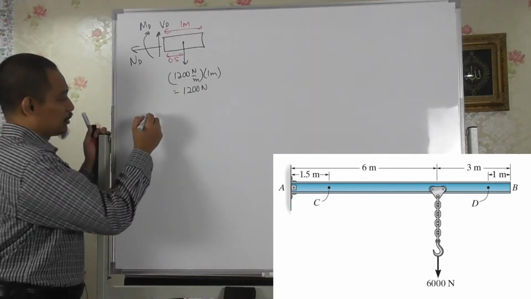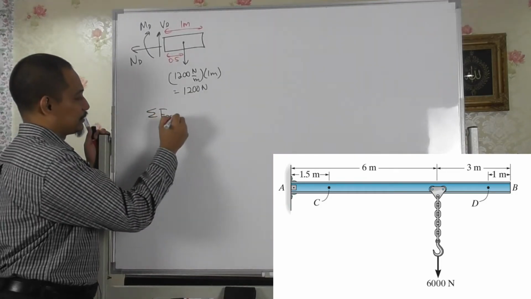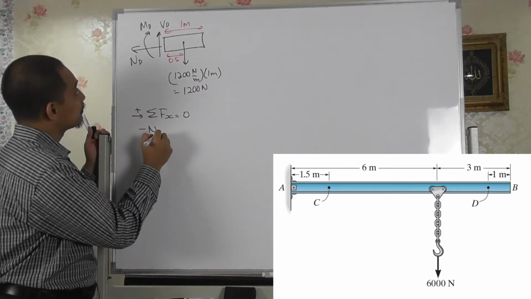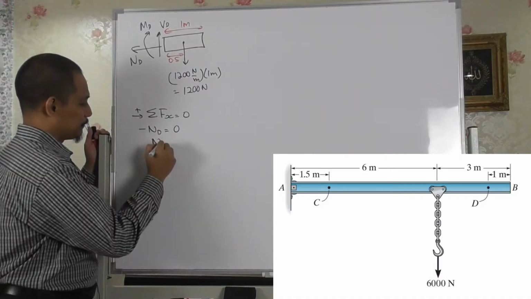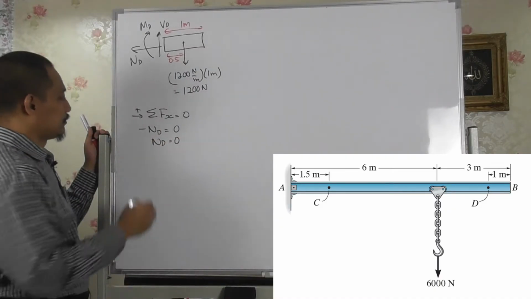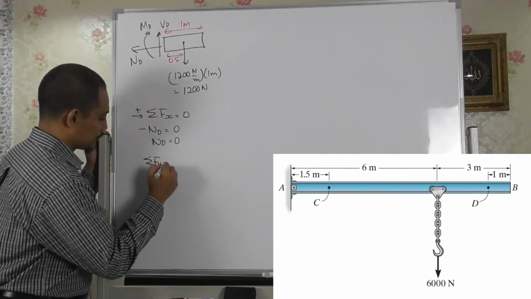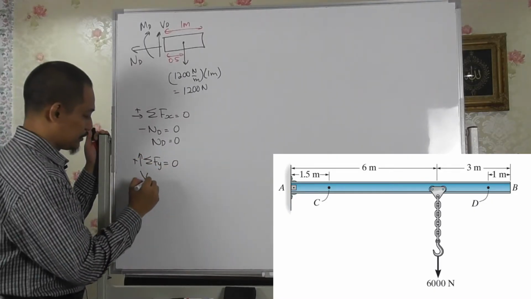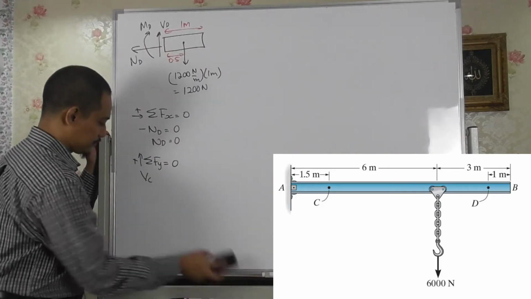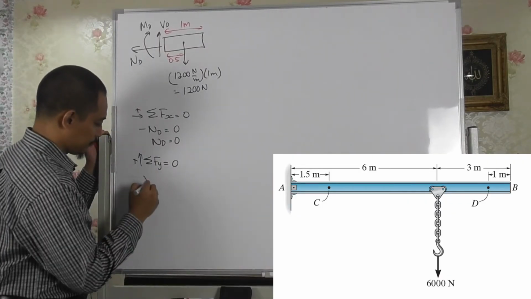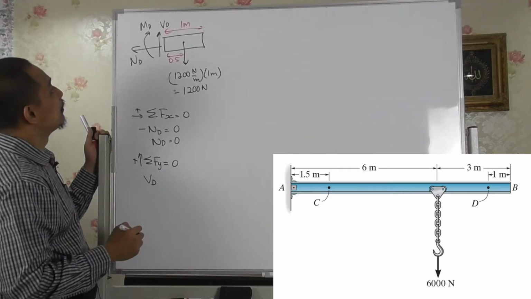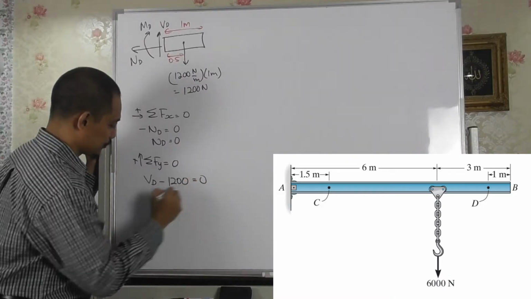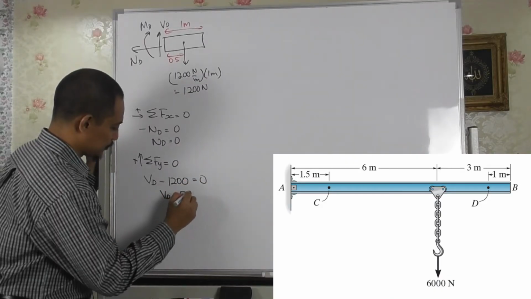If you want to solve, straight away summation of Fx equal to 0. So you have minus ND equal to 0, so ND equal to 0. Summation of Fy equal to 0, upwards as positive. So you have VD minus 1200 equal to 0, so VD is 1200 Newton.